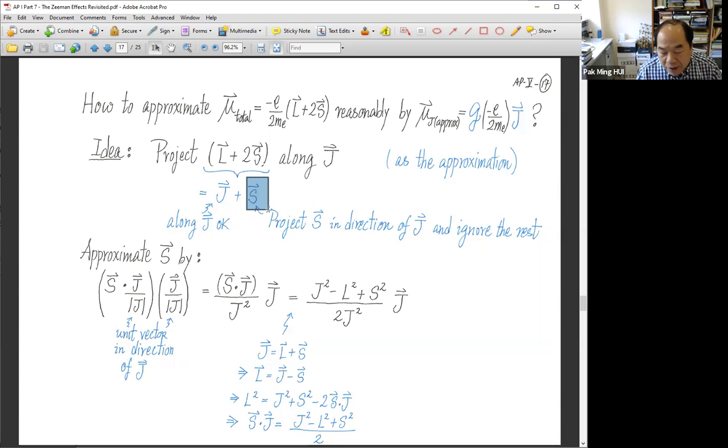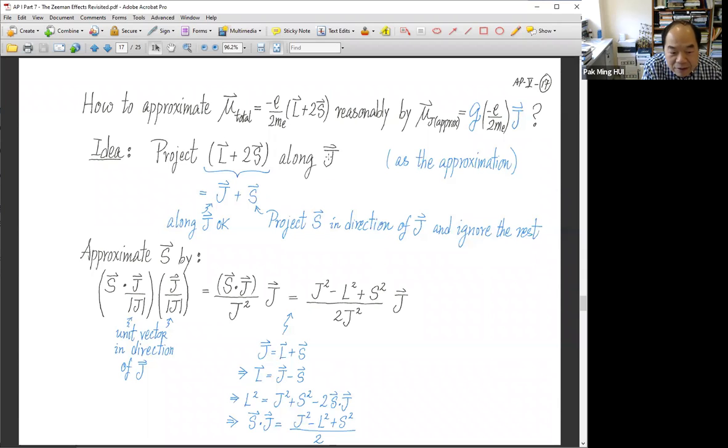However, this part does not go along with J. It has its own direction. But we want to make an approximation that this whole thing is more or less parallel to J. So how to do this approximation? Project this onto the J. Okay, that is the part that we want to take and ignore the other projections.